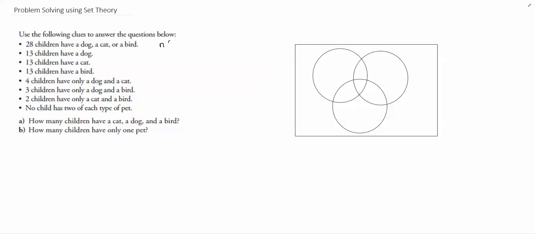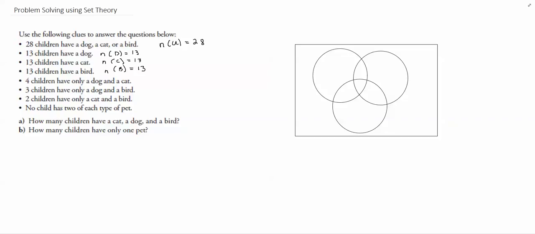So the number in my universal set is equal to 28. And the number that have dogs is 13. And the number that have cats is 13. And the number of children that have a bird is 13.